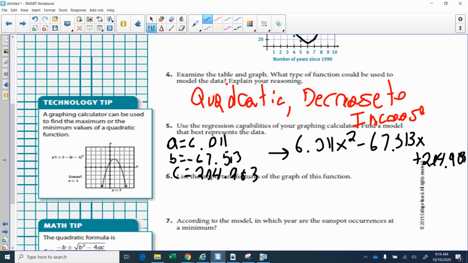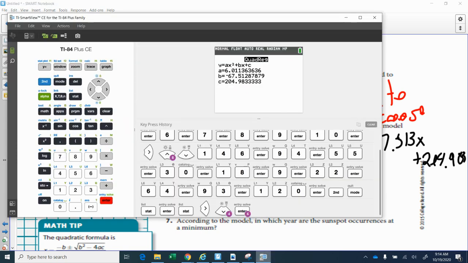Now, in number 6 and even number 7, they're starting to talk about what are some important features about the graph. Okay. So once again, let's talk about how we can use technology to help us out. We can actually use technology to guide us in a lot of this problem. So if I go to the graph itself, or excuse me, let me go to y equals. Let's actually plug this in.